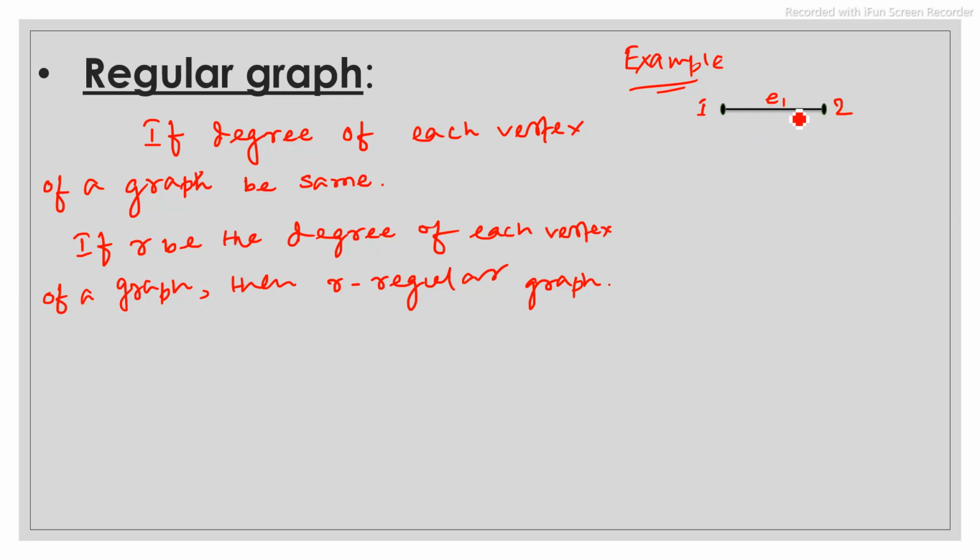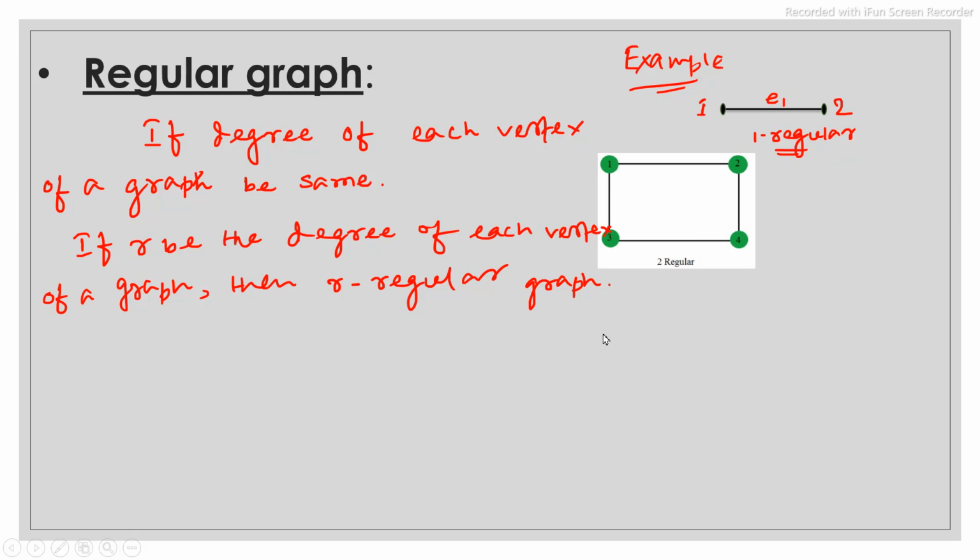So the two vertices have the same degree, because each vertex is incident to only one edge. The degree of vertex 1 is 1 and the degree of vertex 2 is 1. Both vertices have the same degree. That's why this graph is called one regular graph.